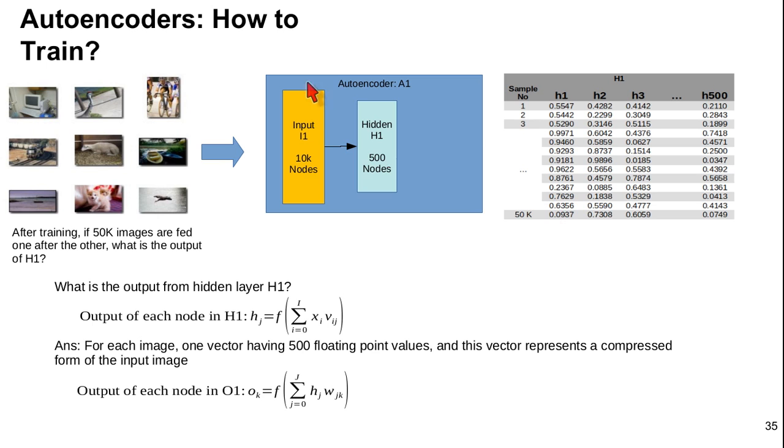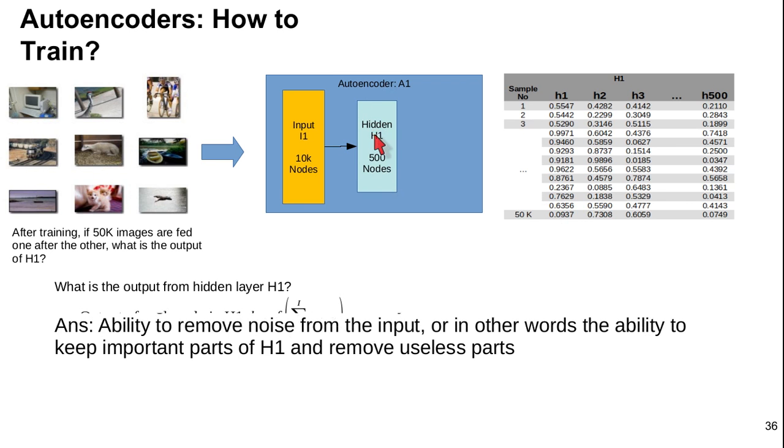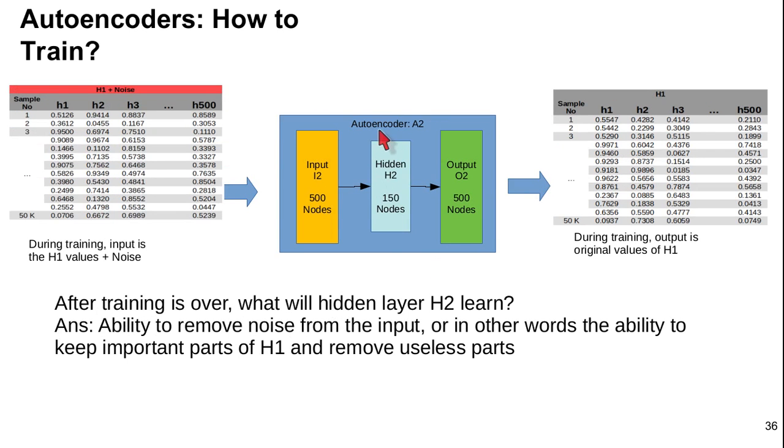So for some reason, if autoencoder A1 was generating a noisy output from its hidden layer for a given input image, autoencoder A2 would be able to remove that noise. We could also say that autoencoder A2 and the hidden layer H2 is learning a compressed representation of the input to autoencoder A2.